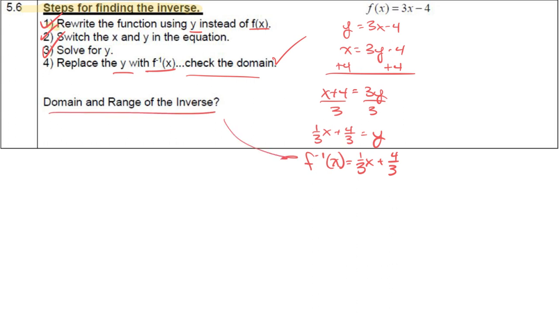The domain is negative infinity to positive infinity, and the range is the same. It's also true up here: the domain is negative infinity to positive infinity, and the range is also negative infinity to positive infinity.